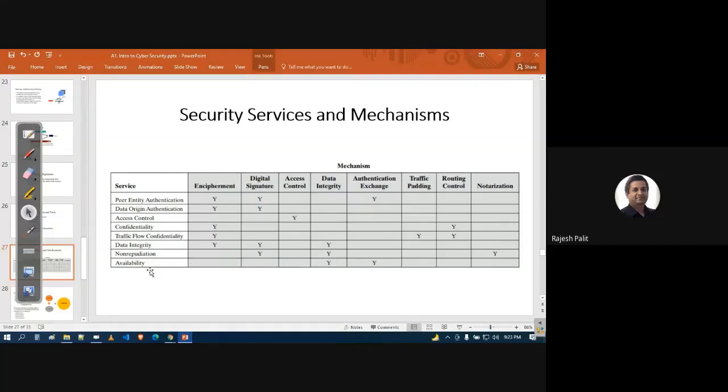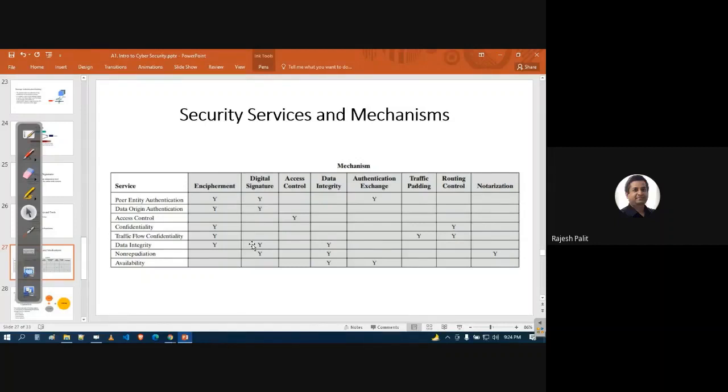For availability we use authentication exchange, like username and password, and then data integrity. So these are the different types of service, and the security mechanisms we combine in these services to implement them.